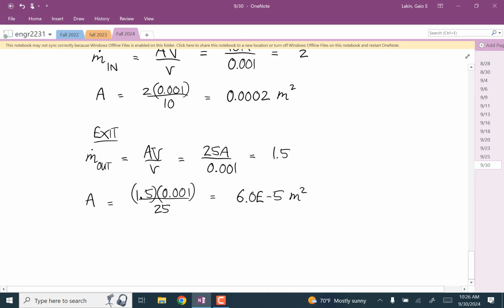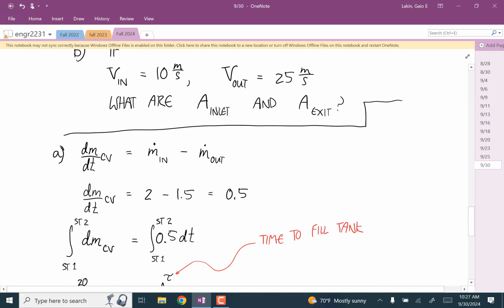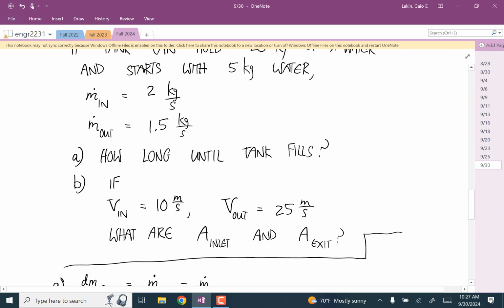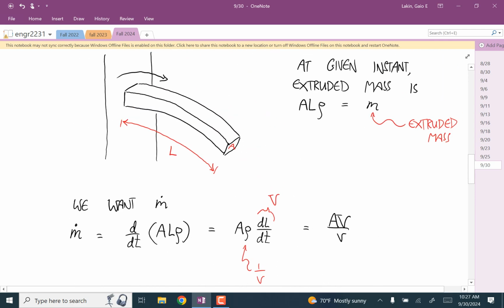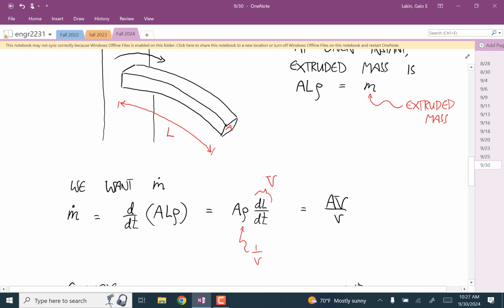Any questions about that? I would definitely give you the advice that when you see problems that are using the conservation of mass balance equation, look for places where it's very common that you're going to use this equation for the mass flow rate. Is it ever not linear like this? It's linear like this because we're only dealing with the average speed.